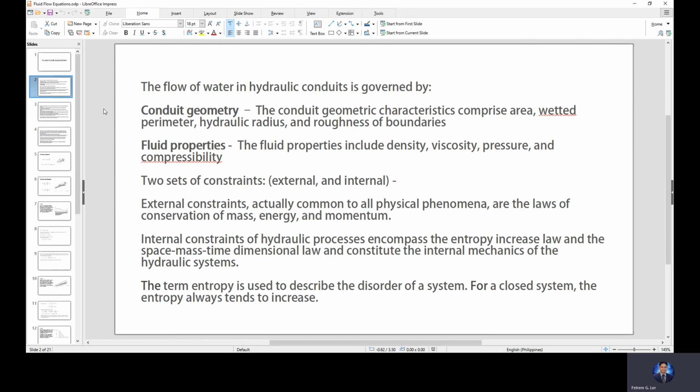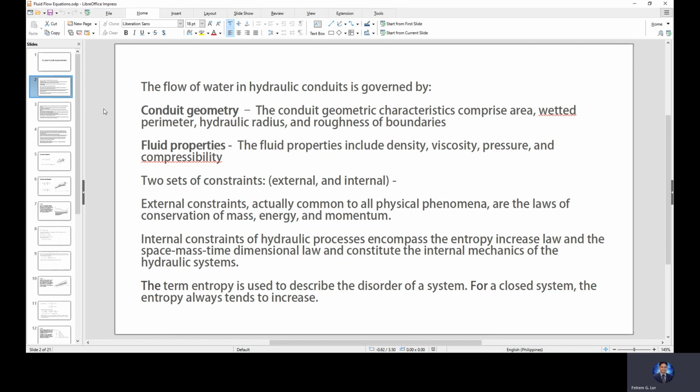So for conduit geometry, its characteristic comprised of area, wetted perimeter, hydraulic radius, and roughness of boundaries. We will discuss those things further, the wetted perimeter, hydraulic radius, especially when we will discuss the open channels later on in this course.